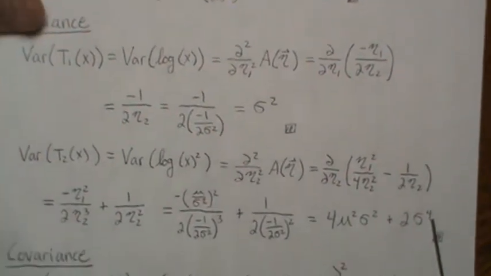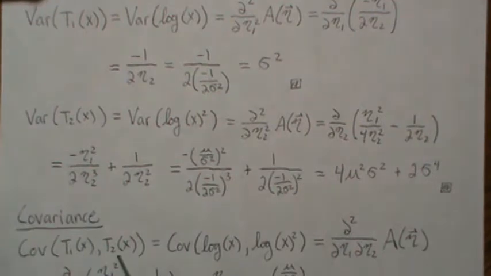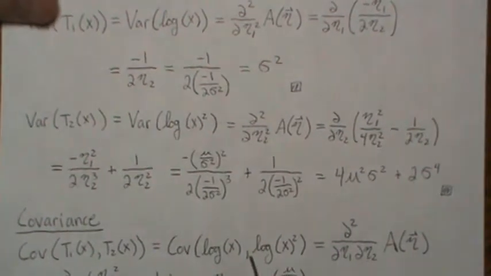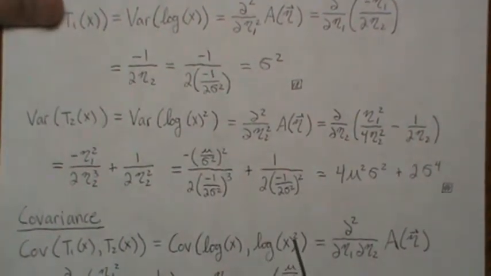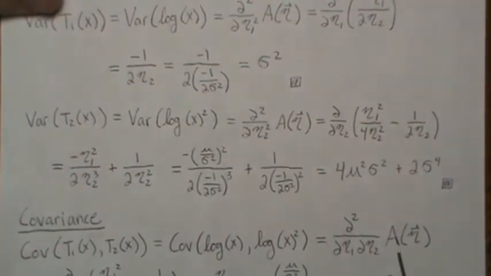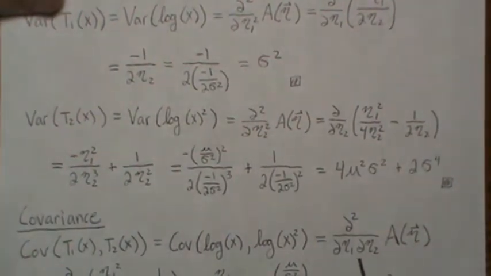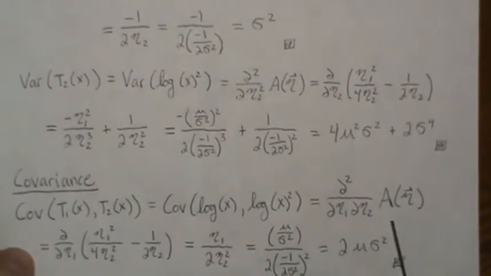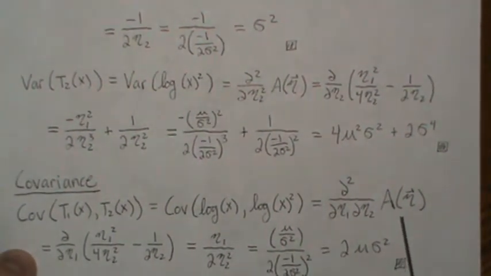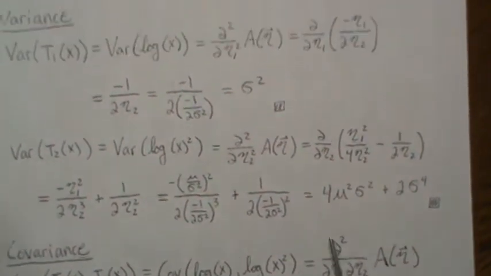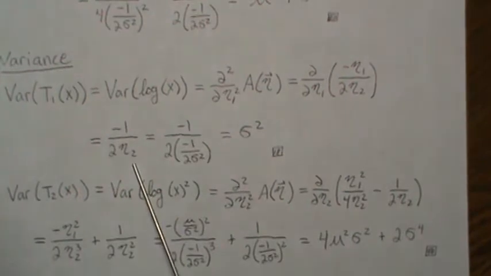Now the covariance between our sufficient statistics, so the covariance between the log of x and the log of x quantity squared, that's the partial of our log partition with respect to eta 2 and then eta 1. So now we've already taken the partial of our log partition with eta 2 once, and we got this.